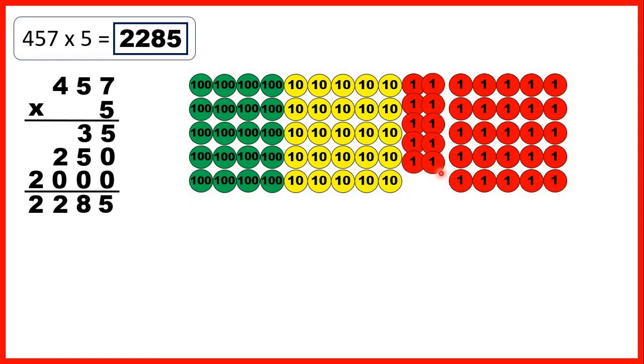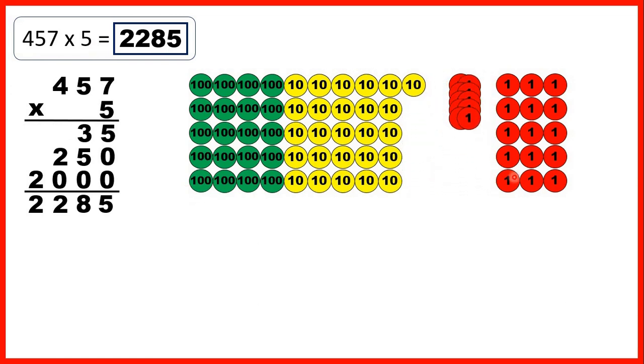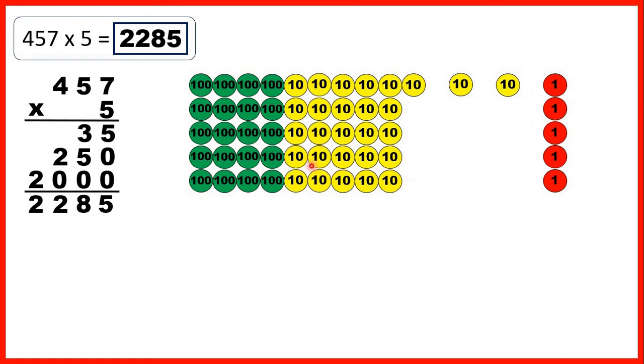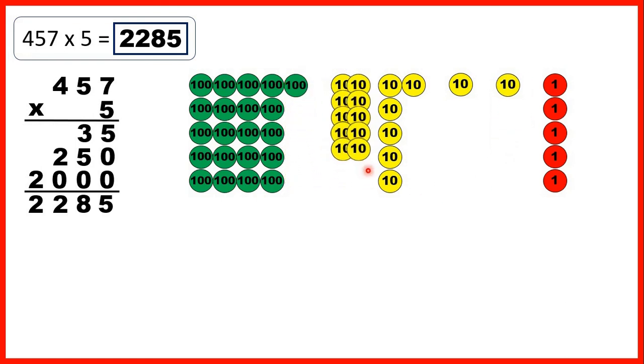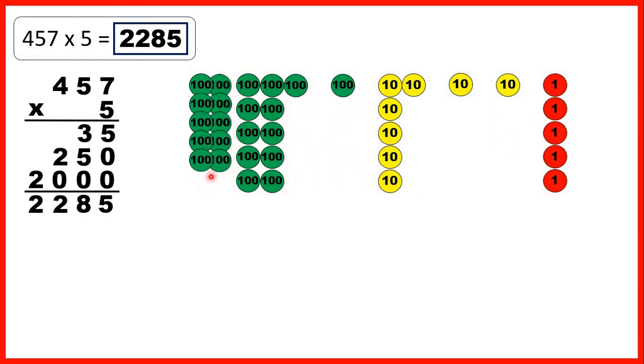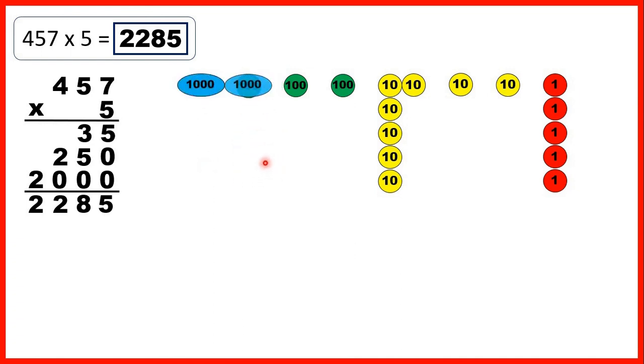Now we can regroup 10 ones into 1 ten, we can regroup 10 tens into 100, and we can regroup 10 hundreds into 1000. And when we do the regrouping, you can see that we have 2 thousands, 2 hundreds, 8 tens, and 5 ones. So that's why our answer is 2,285.